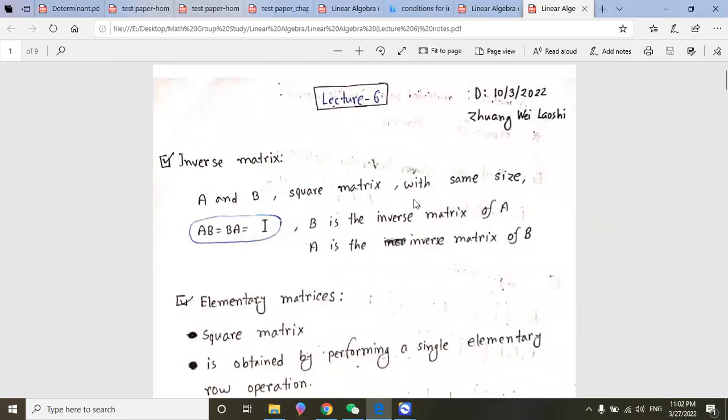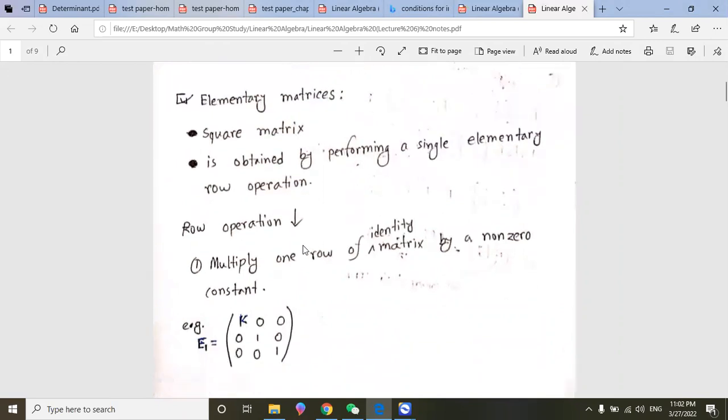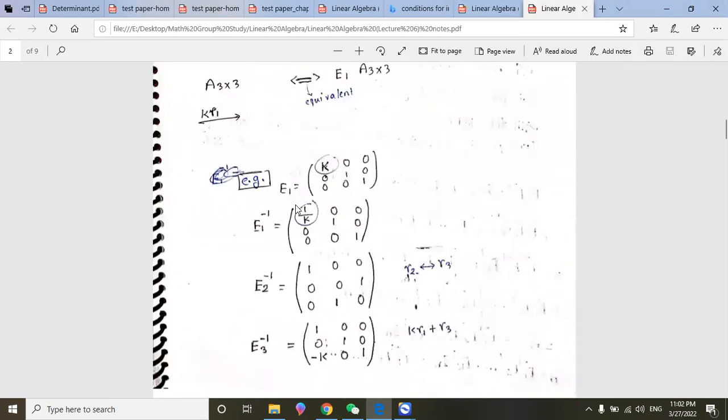A and B are square matrices with the same size. AB is equal to BA is equal to I. B is the inverse matrix of A. A is the inverse matrix of B. Inverse matrix.